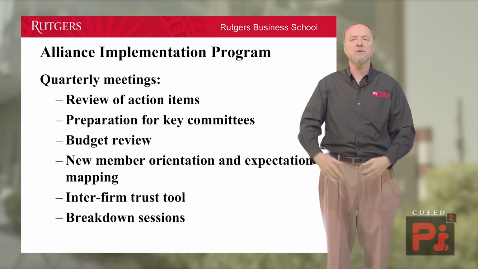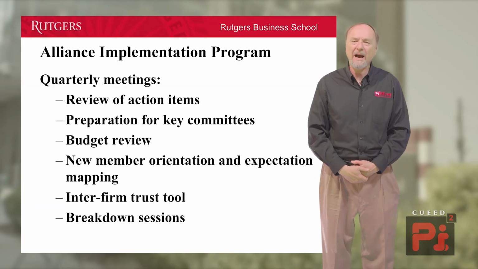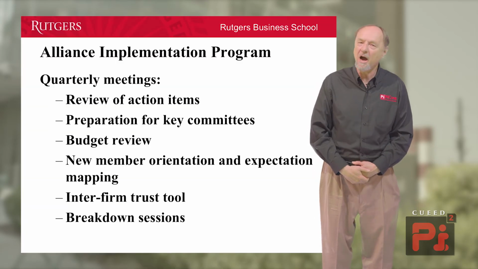The Interfirm Trust Tool. It helps to remind everybody about the 4 dimensions of the Interfirm Trust Tool: competence, reliability, honesty, caring. And then finally, I want to introduce you to a concept called breakdown sessions. Pilot breakdown sessions on your next deal, and you'll find them very powerful, and I predict you'll use them going on in this relationship and on your other relationships as well.